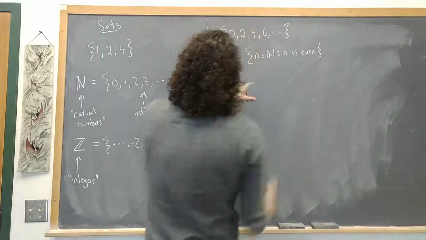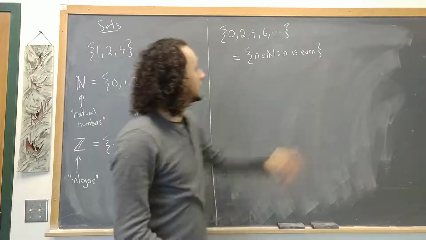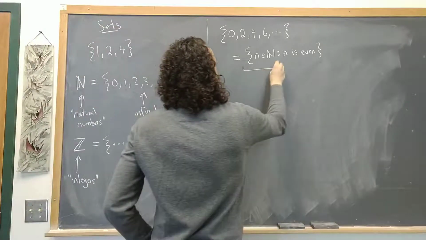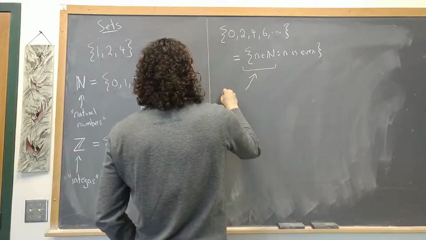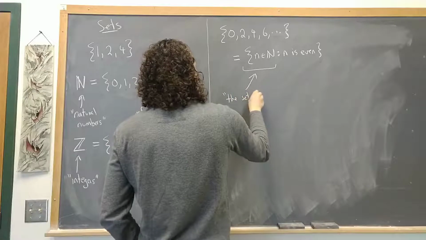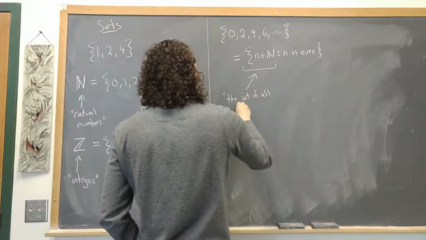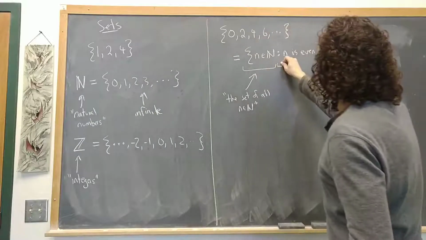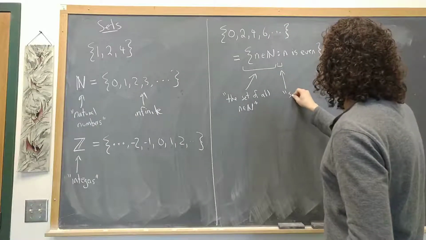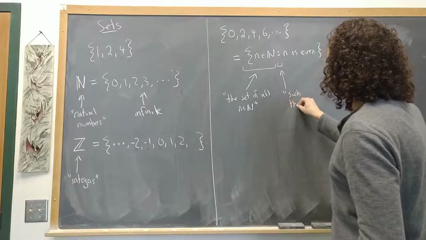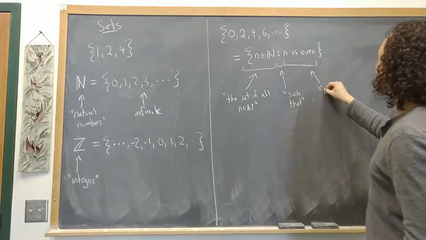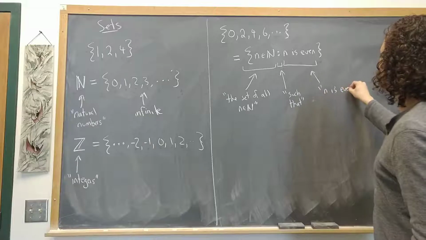So the way to read something like this, it uses the same curly brackets, but I'm not listing the elements of the set. I'm doing something different. I'm reading this as the set of all n in N, and this colon should be read as "such that," and then finally I'm specifying a property which I could just read out: n is even.